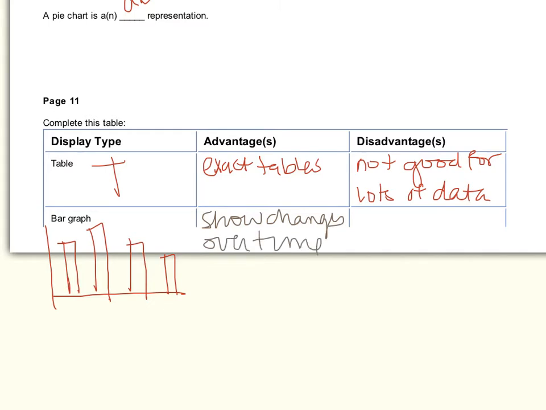So if you wanted to compare how one person did in their monthly sales, a bar graph would be great for that. And it's also great because it can compare more than one set of data.